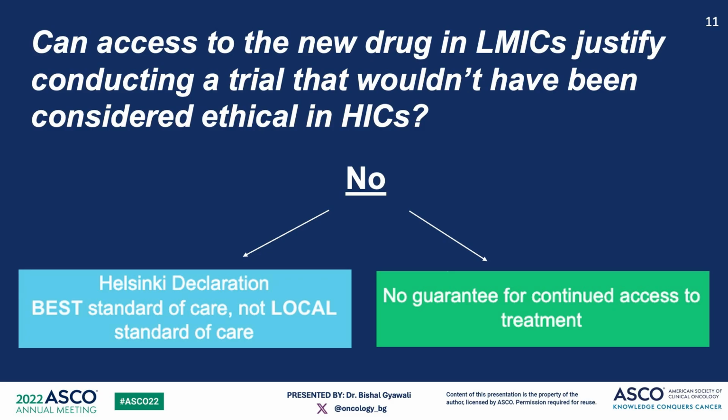The whole purpose of this trial was to get a trial done that would not have been ethical in high-income countries, but complete the trial and get the drug approved in high-income countries. And patients in LMICs will continue not to have access to that drug. And this has been studied systematically.